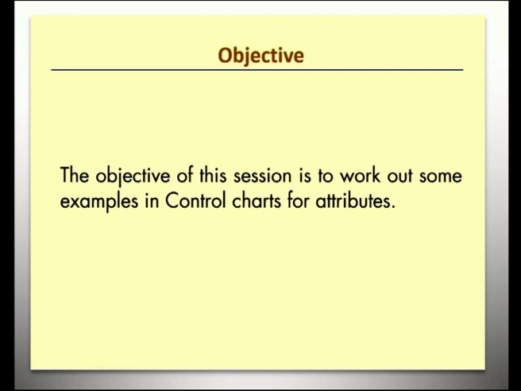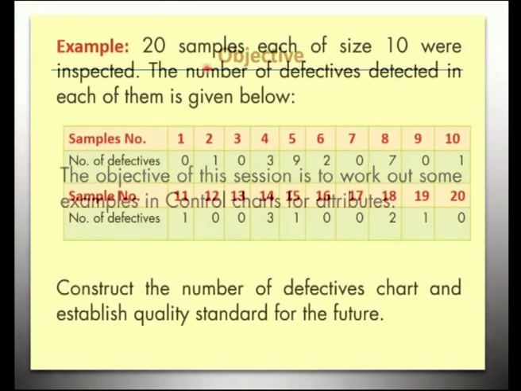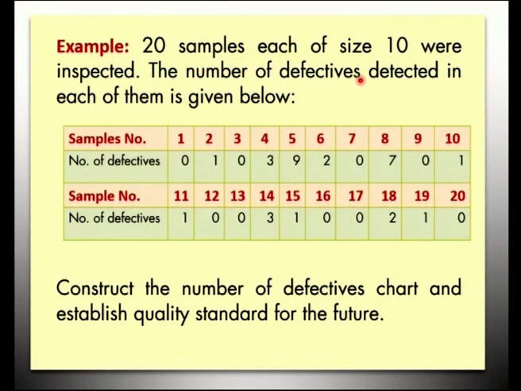So, first, the example goes like this: 20 samples each of size 10 were inspected. The number of defectives detected in each of them is given below. That is, each sample consists of 10 items. Among 10 items, there will be one defective or two defectives or no defective at all.